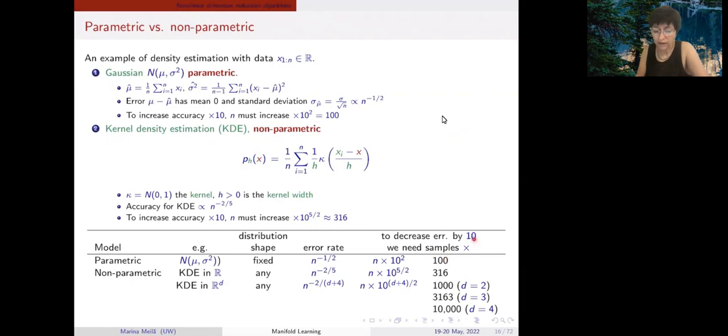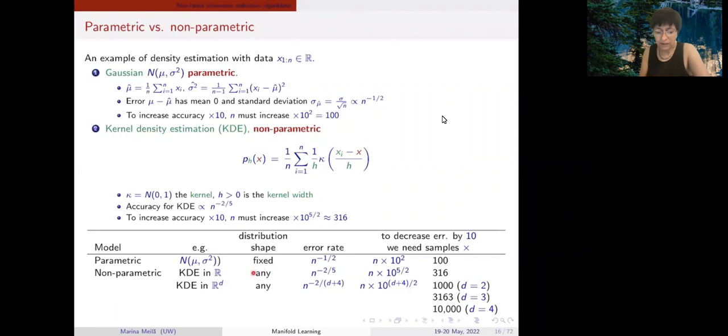To get another decimal point in accuracy of estimating mu, I have to increase n by 10 to the power 2, which is 100. This may look like a lot, but it's actually the best possible rate for these parameters, and it's called the parametric rate.